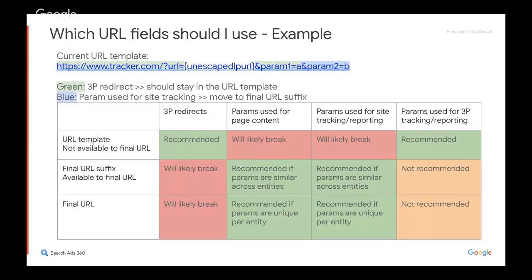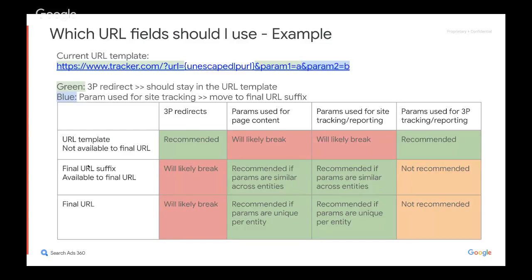This example makes it clear that sometimes it's very hard to tell the difference between a parameter used by a third-party tracking provider and a parameter used for site tracking or site reporting. It's best if there's some documentation about what each parameter is used for, so that we can identify its purpose and add it to the relevant field at the relevant granularity.